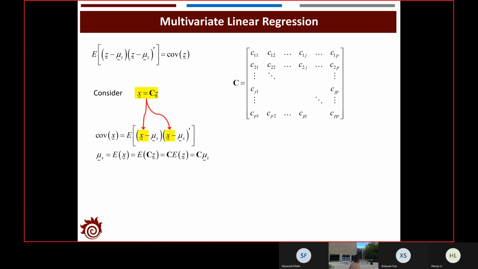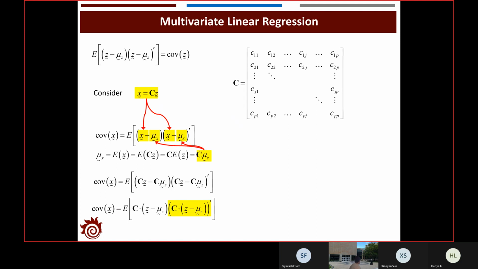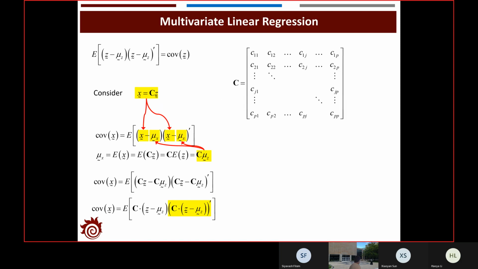Then we check the covariance based on that definition, putting the formulas of x and mu x into this equation, and we get an equation like this one.